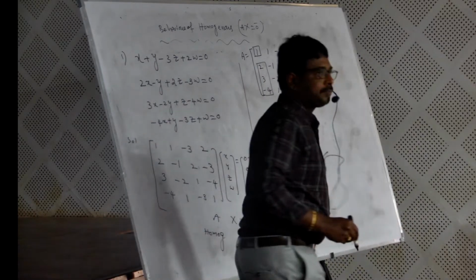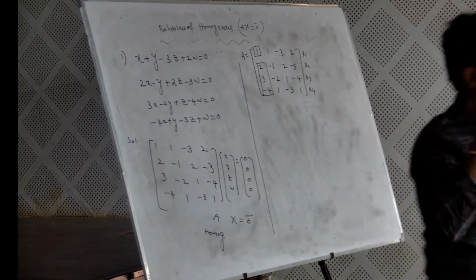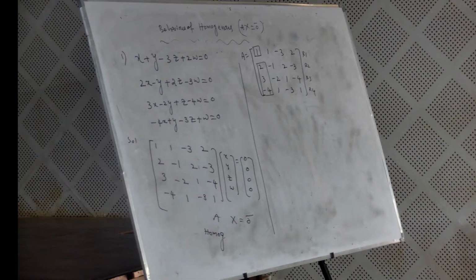Step one, the first step: by using the element 1, make 2, 3, minus 4 to zeros. Using row operations only.